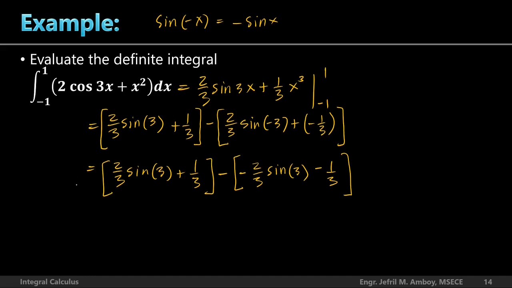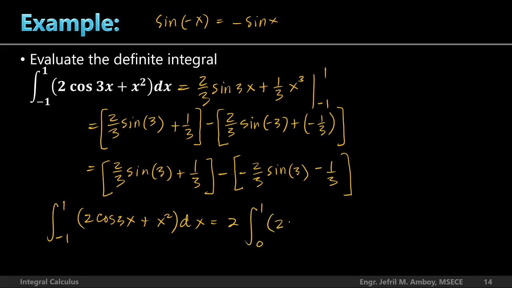Ang nangyari pala, ang integral from negative 1 to 1 of 2 cosine 3x plus x squared dx ay equal lang din sa 2 times yung integral niya from 0 hanggang 1 nung same function, 2 cosine 3x plus x squared dx.